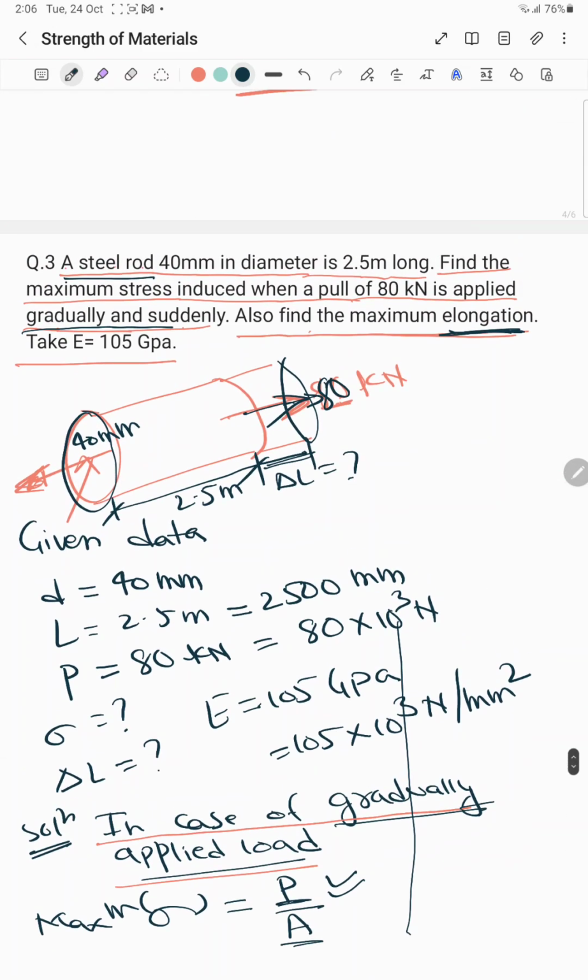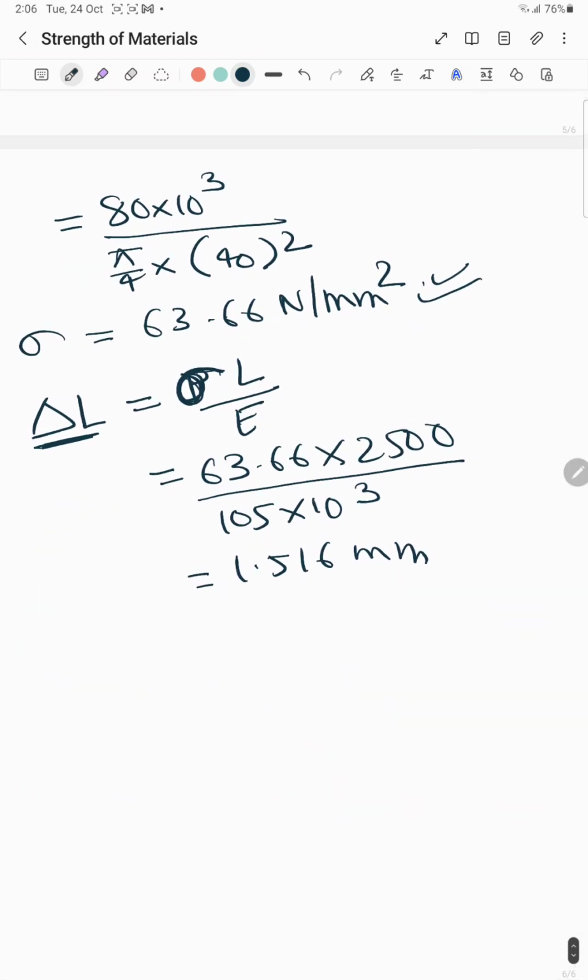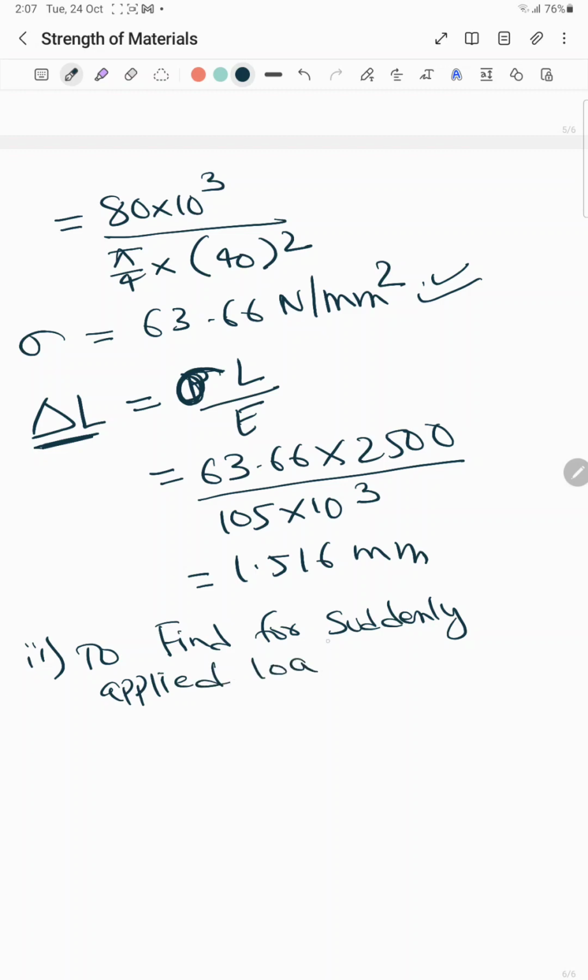Next is to find for the suddenly applied load. Here also we need to find the stress as well as the change in length, that is the elongation of the steel bar.